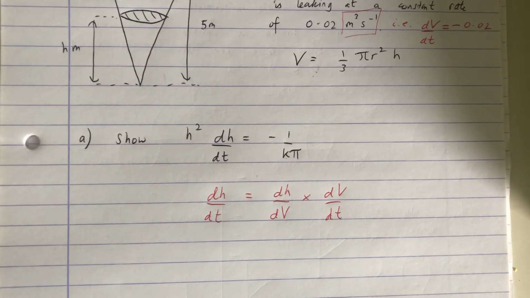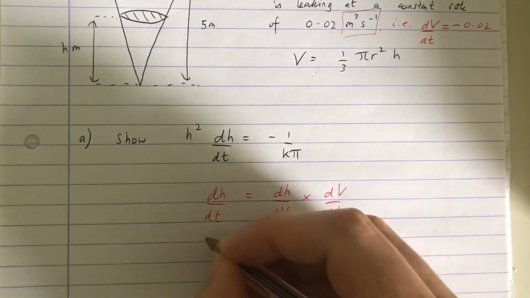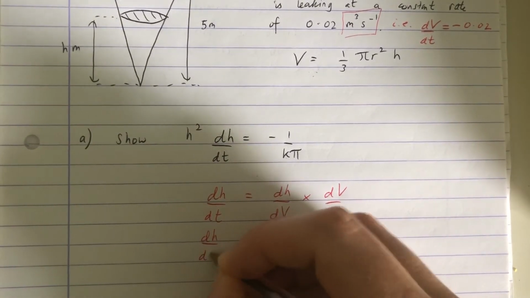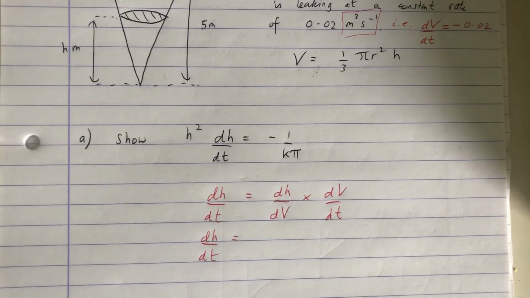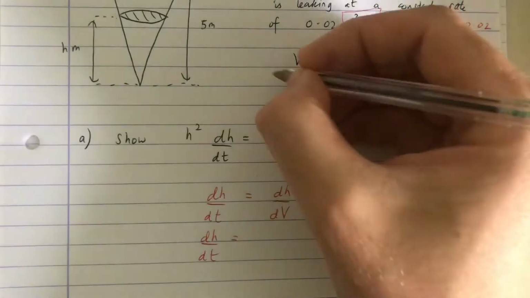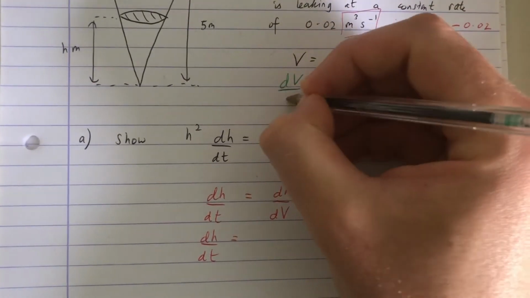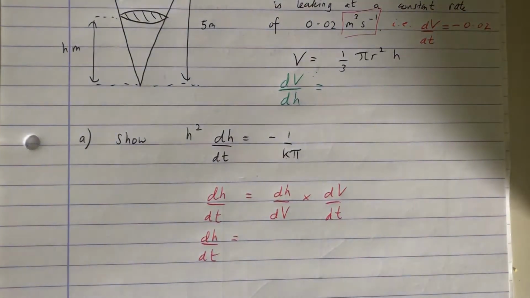Now, dH by dt is unknown. But dH by dV, you can't really work out easily, or you could, but it'll take a few more steps to do this. But you can work out, based on this formula, dV by dH, the reciprocal of it.